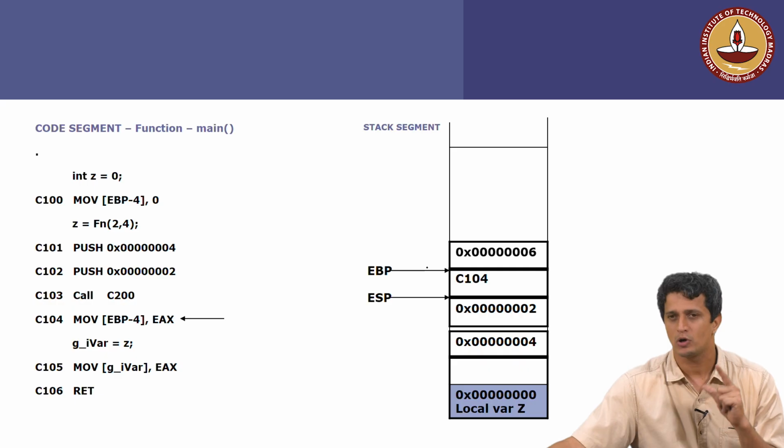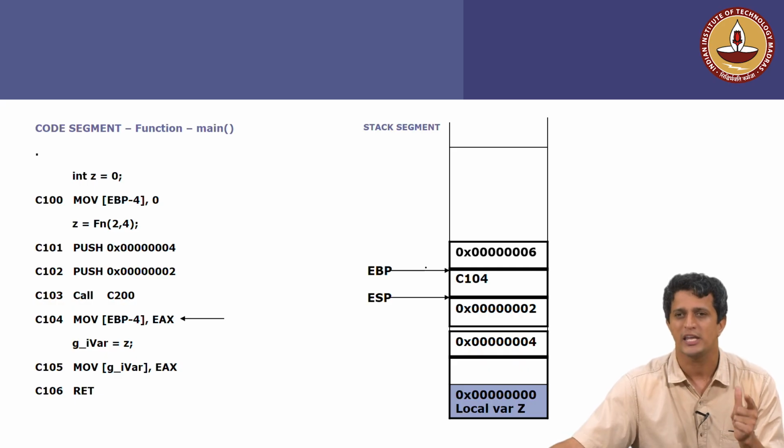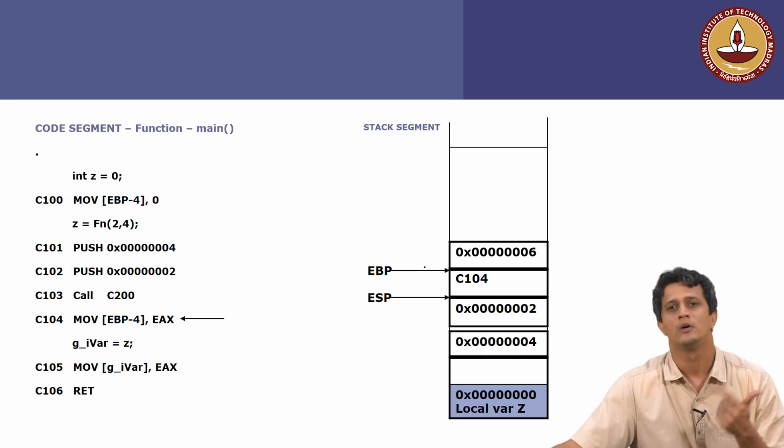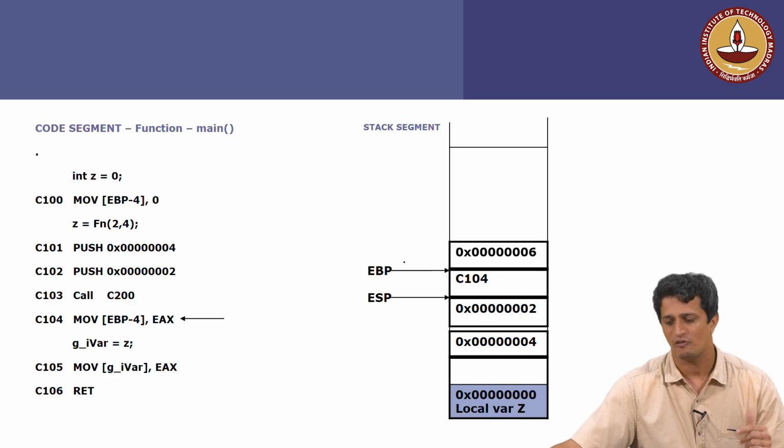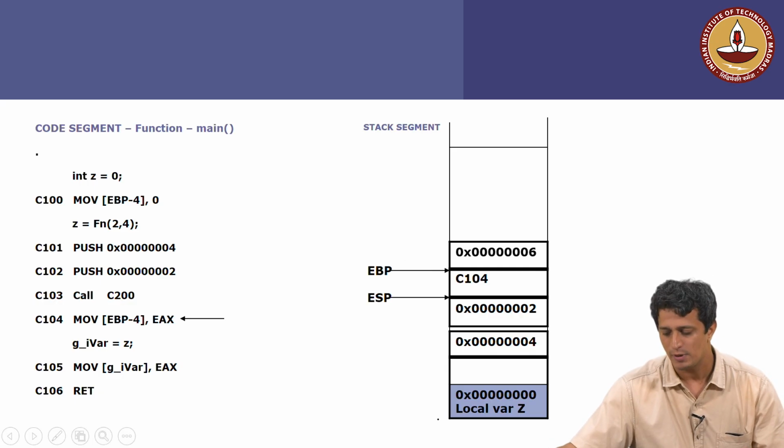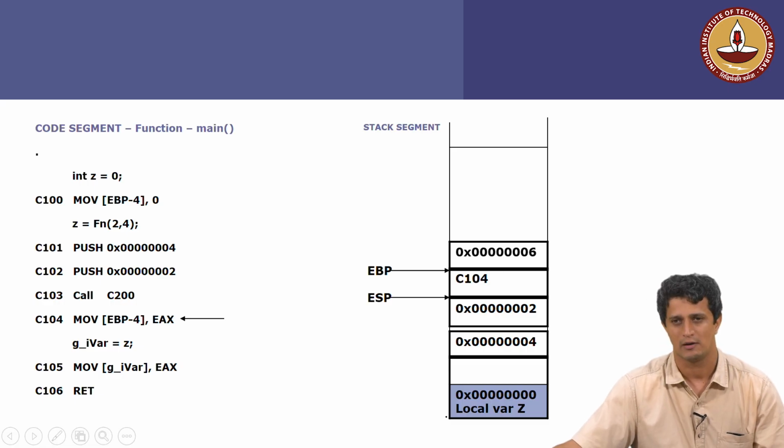Why is that? Because we have not brought our EBP back to our original value, right. Before we entered the main, EBP was pointing here to this local variable z, which means that when I did EBP minus 4, it would point to this local variable z.